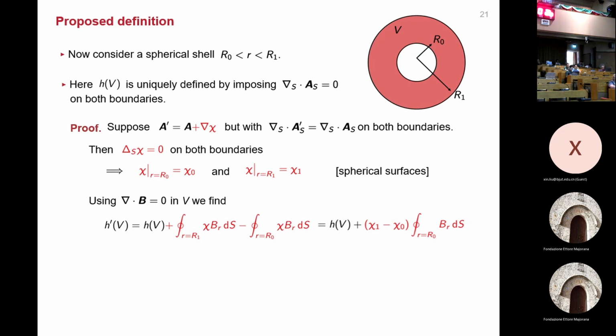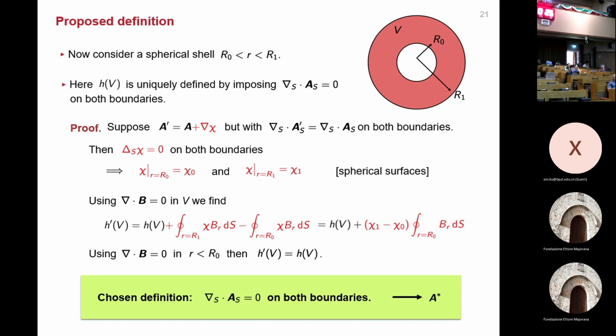So I'm assuming that it's also divergence-free inside the sun in making this statement, which is presumably true in any real application. And so if that's the case, the two fluxes are the same, and so you can combine them. These two things were constants, and not only are the two fluxes the same, but they're zero. So this integral here vanishes. So this helicity, in other words, is invariant. So it's enough to specify this condition on the two boundaries.